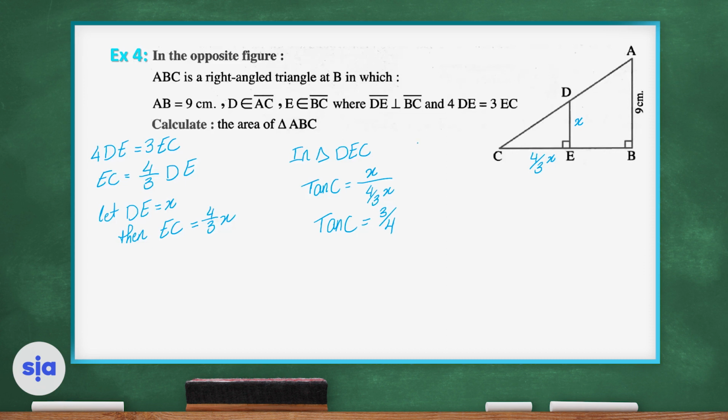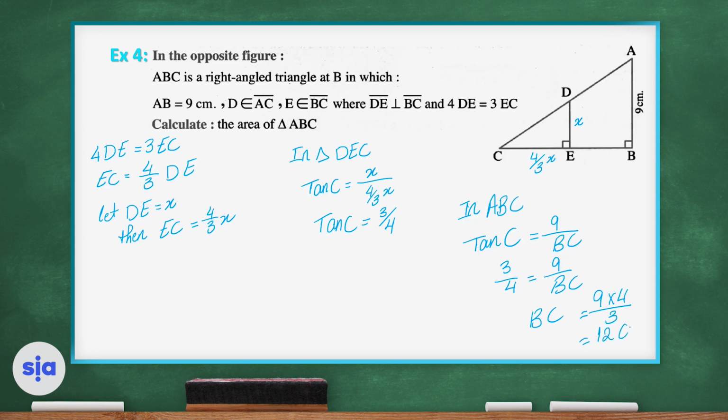Then if we move now to the big triangle, which is triangle ABC, you will see that tan C is 9 over BC. So 3 over 4 is 9 over BC, then BC equals 9 times 4 over 3, which is 12 centimeters long.